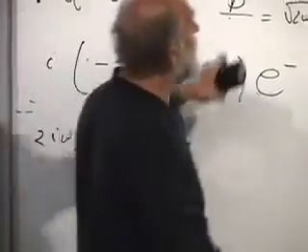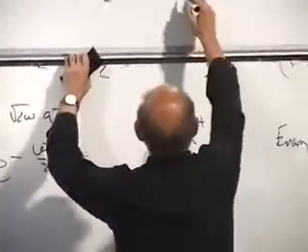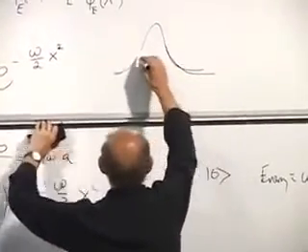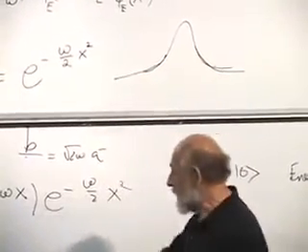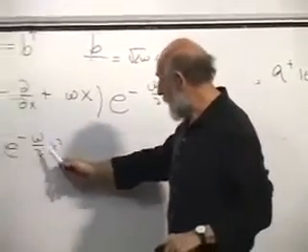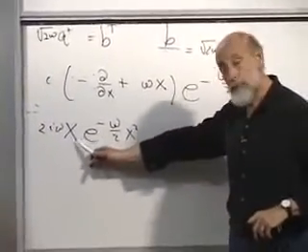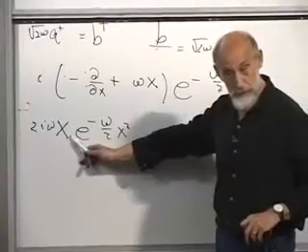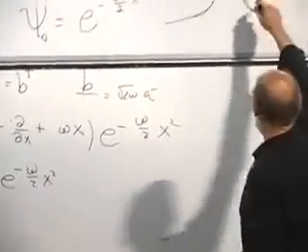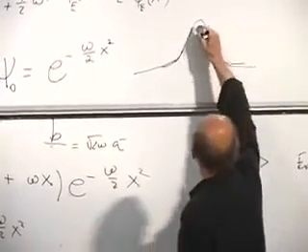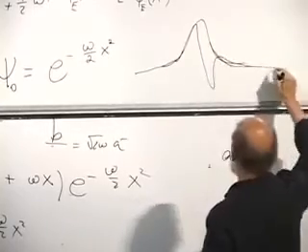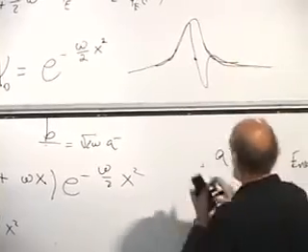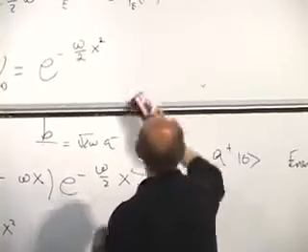That's a function which asymptotically still goes to 0. E to the minus omega over 2 x squared goes to 0 much faster than x grows. So it still goes very quickly to 0, but now it has a 0 in the middle. Let me try to draw it better.